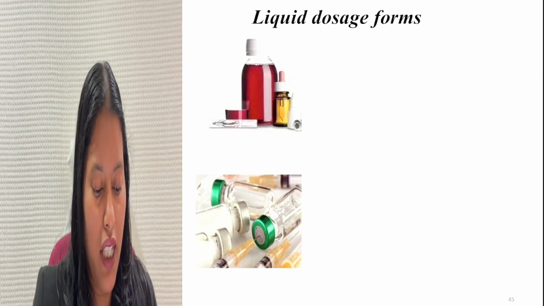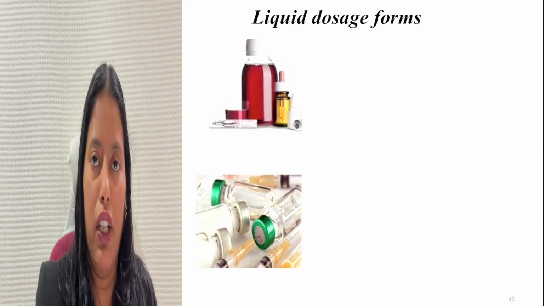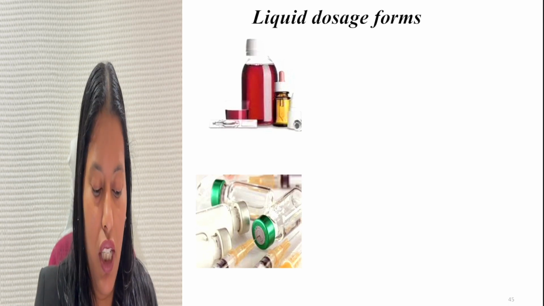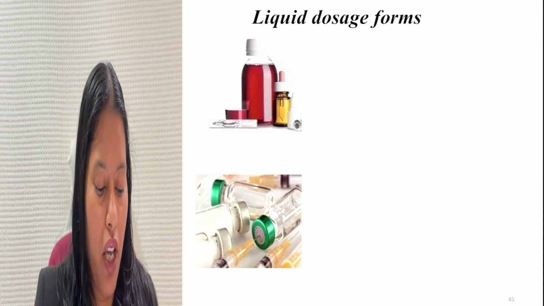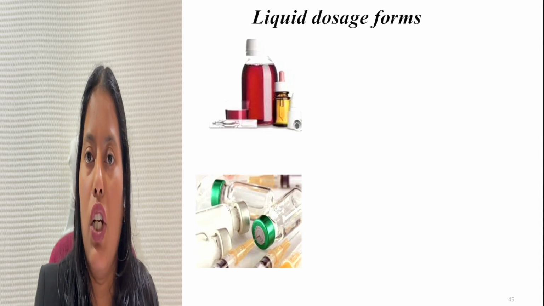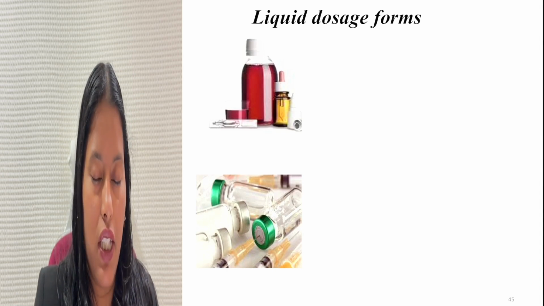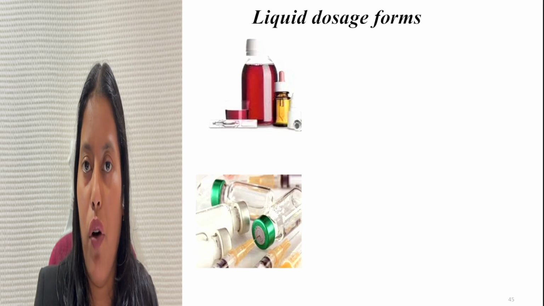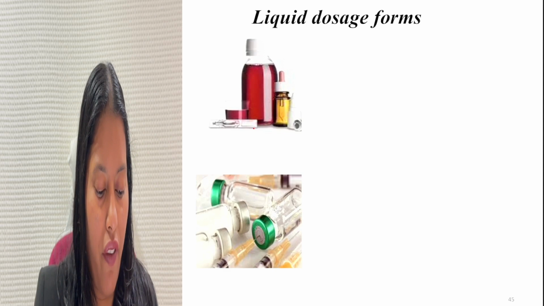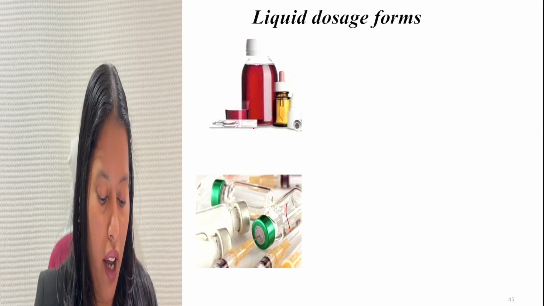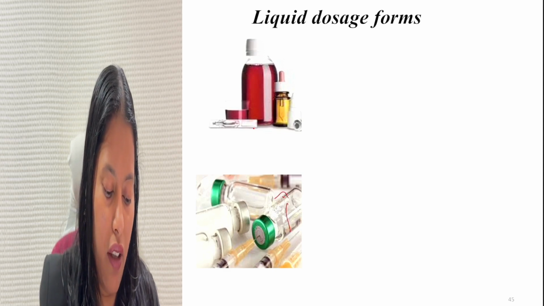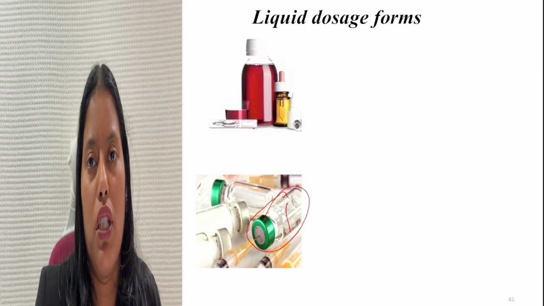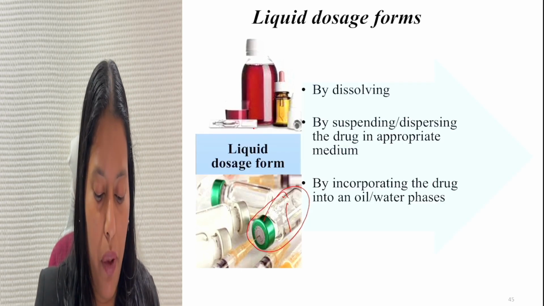So you can see here many different forms of the liquid dosage form. A solution is there, or you can say syrup, then some oral drop is there. This is the nasal drop or eye drop, ear drop. Then you have an ampule, and you have here the vials in which the liquid dosage form can be given to the patient.